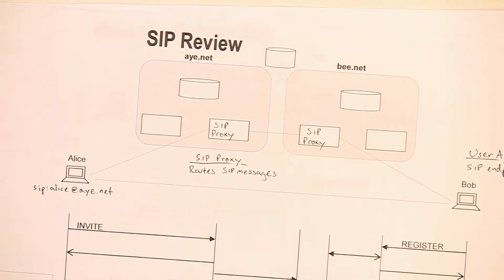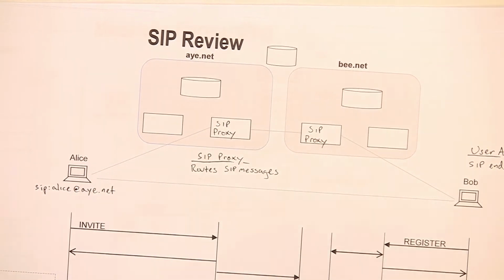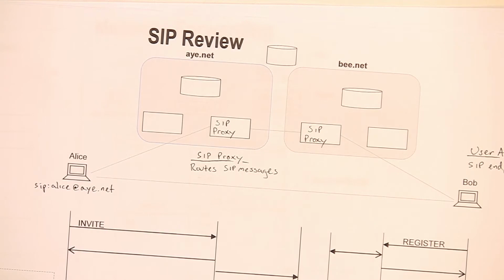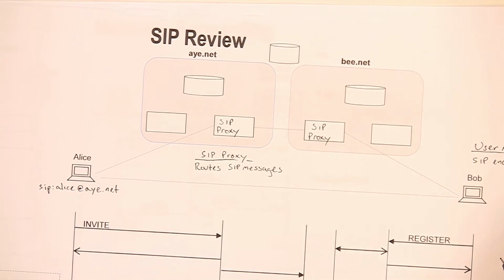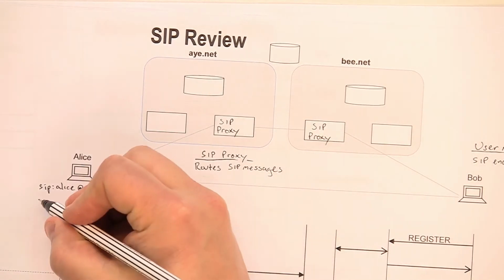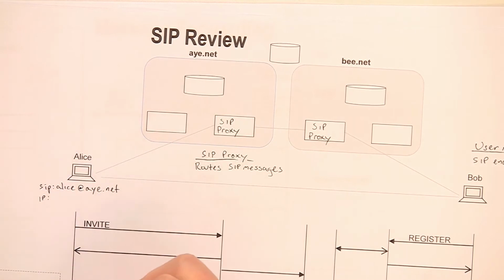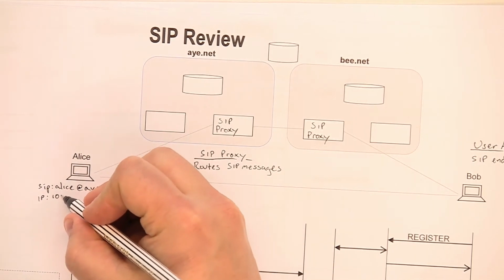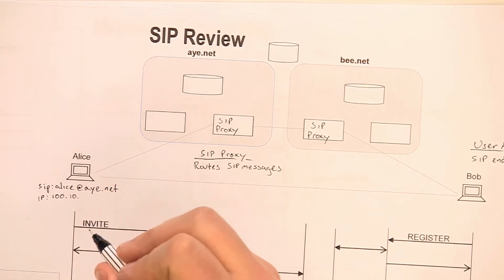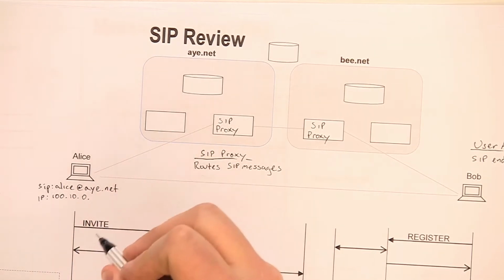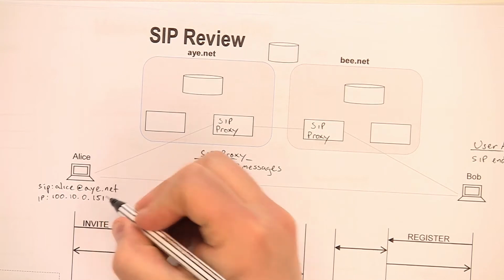A.net. A because you pronounce it as the letter A, and then we'll have B.net over here at Bob's. So Alice also has an IP address, so we'll give that to her. She has 100.10.0.151.